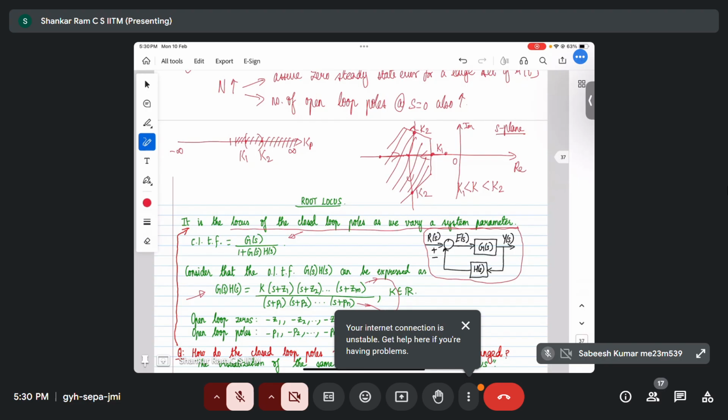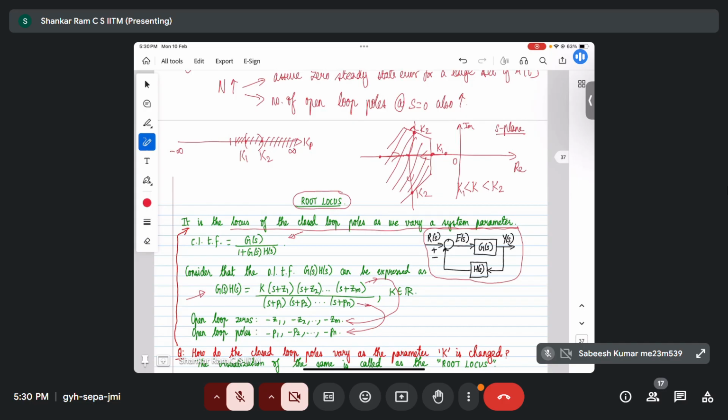So we will be looking at root locus for the next few lectures because it's a very, very important design tool. Of course, today in MATLAB, if you use the command rlocus, you will almost instantaneously get the root locus. But the point is, yes, we do have software for all those things.